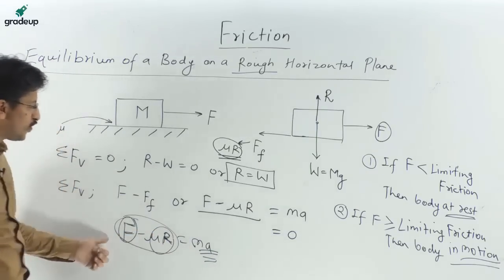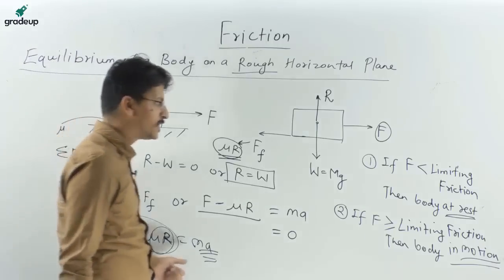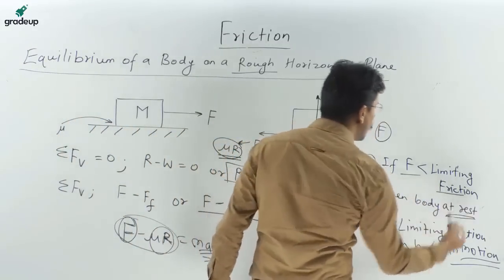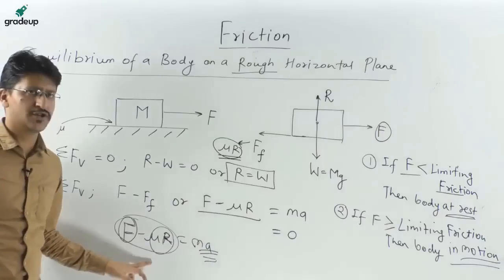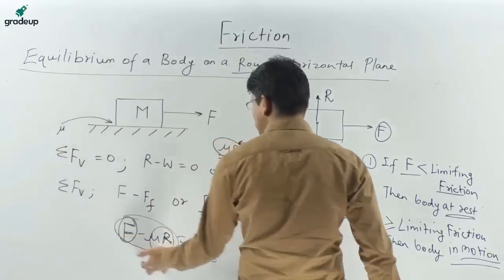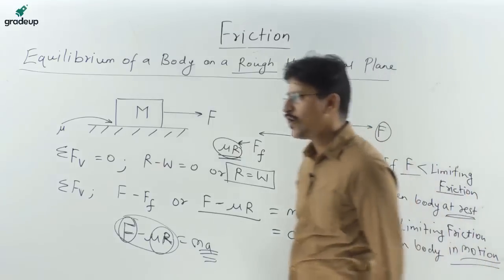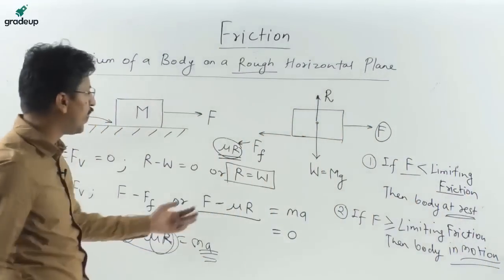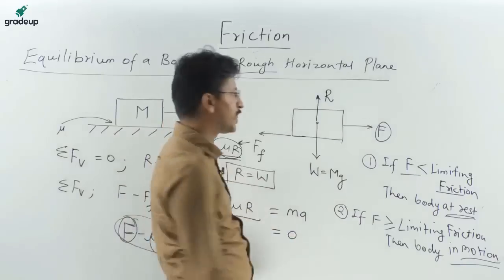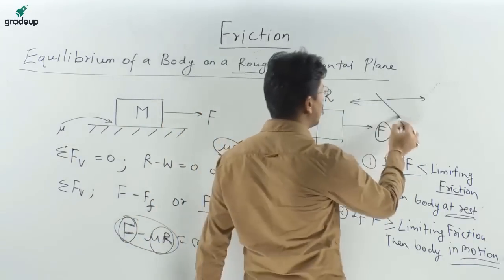Because if the applied force is less than mu R, then this body cannot move. This I have already given you, because this mu R is the value of the limiting friction. If the applied force is less than the limiting friction, then this body will not move. So you cannot say that the body will go in the left direction or in this direction. No, this is wrong. Why?